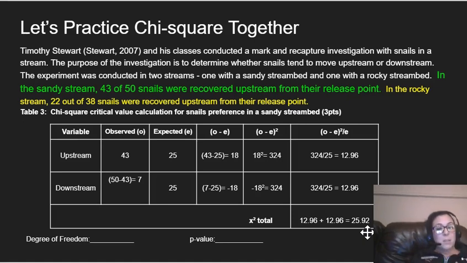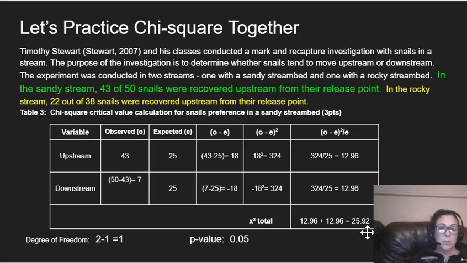So I need to compare my chi-square value of 25.92 to a critical value. I need to first determine my degrees of freedom. I have two possible outcomes, upstream or downstream, so my possible outcomes are 2, subtract 1, and my degrees of freedom is 1. And then the p-value that we use in biology is 0.05, because that gives me a 95% confidence level.